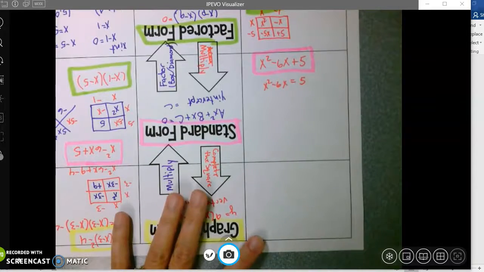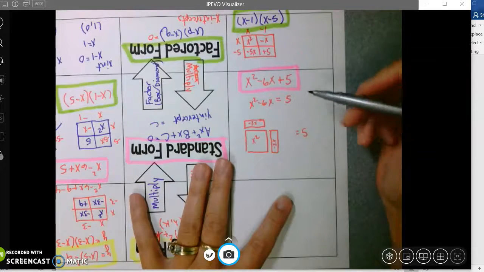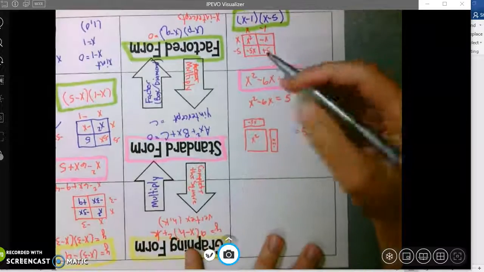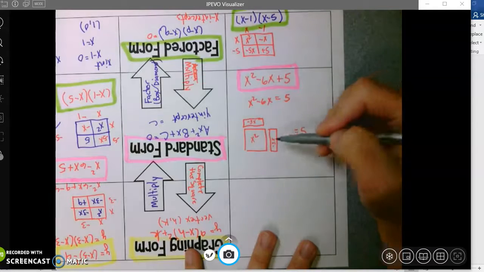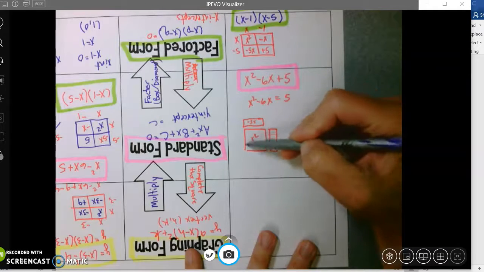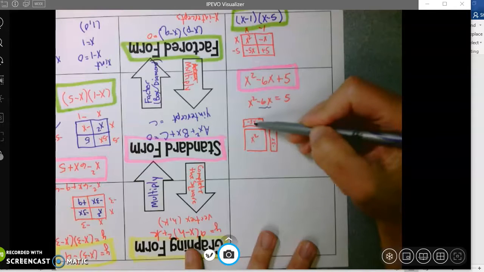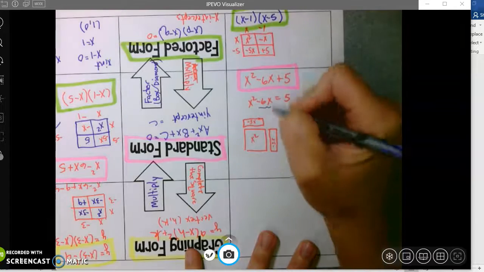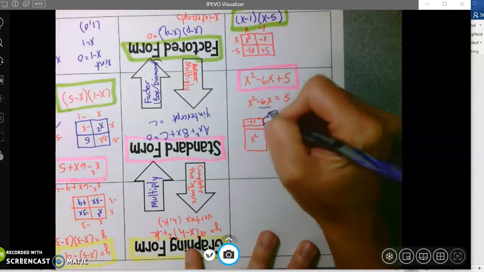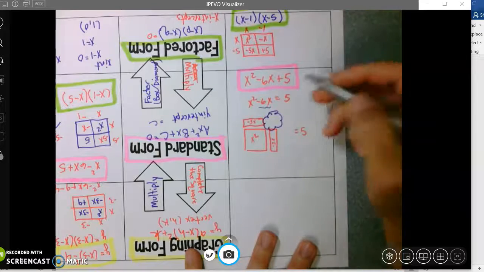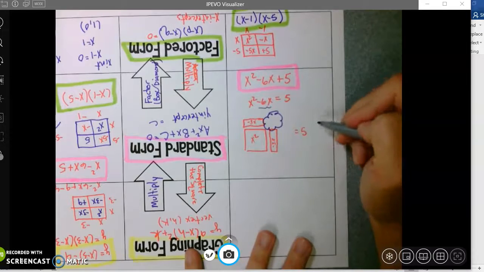We call it completing the square because you can think of this as algebra tiles, where we set it up x squared, and then we take whatever this is and split it in half, negative 3x there, negative 3x there. And then we need to figure out, what do I have to add to complete the square, right?